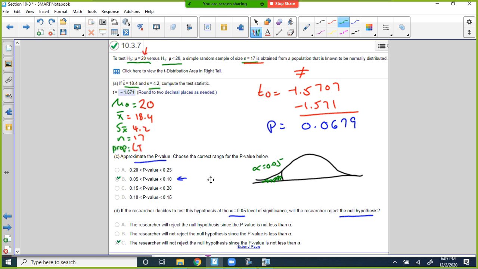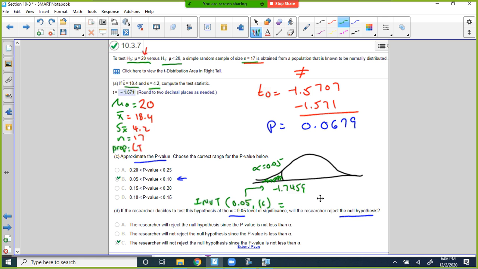And if I do an inverse T, and I put 0.05 with, let's see, got 20, I got 17, so it'll be 16 degrees of freedom, and hit enter, guess what it's going to give me? It's going to give me this critical value right here, 1.7459. Okay, inverse T, that's second distribution, right? And it gave me this value right there.